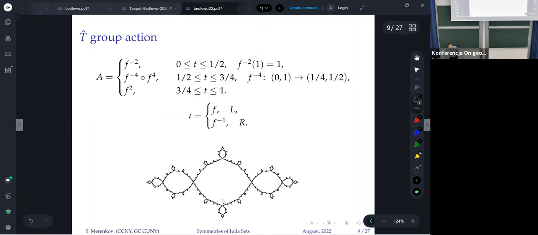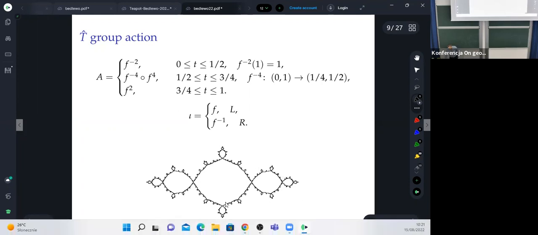And f^-2 also extends to at least part of the plane. So all of these limbs that stick out from here would also be mapped accordingly, according to this formula f^-2. For example, this part will get mapped to this.